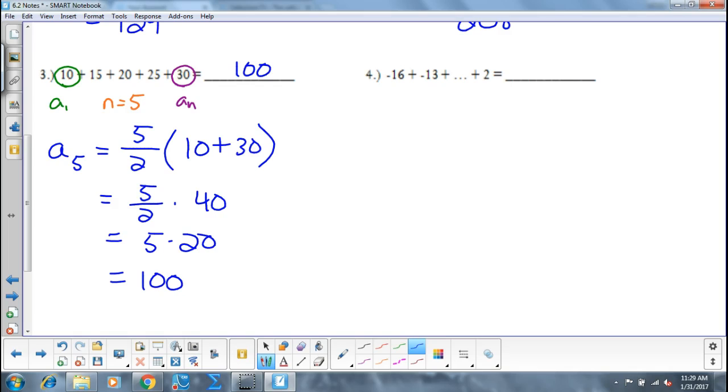Okay. Uh-oh, I know what A sub 1 is. I know what A sub n is. But do I know n? Don't know it yet, right? So A sub n is equal to A sub 1 plus D times n minus 1. A sub n is 2. A sub 1 is negative 16. What's my common difference? Adding 3 every time.